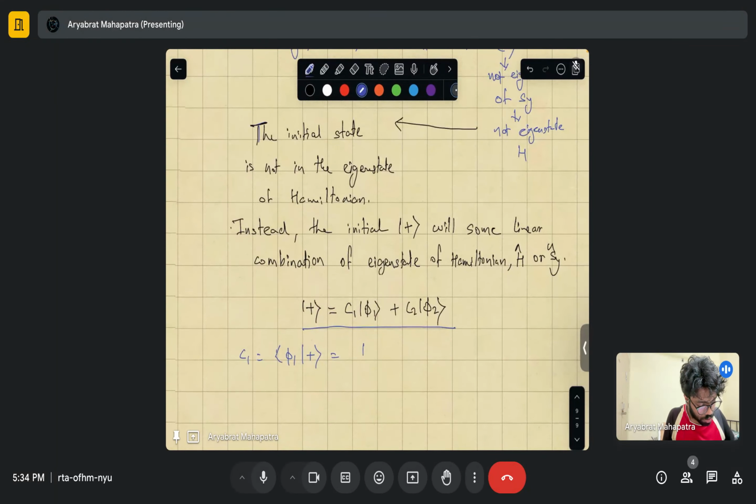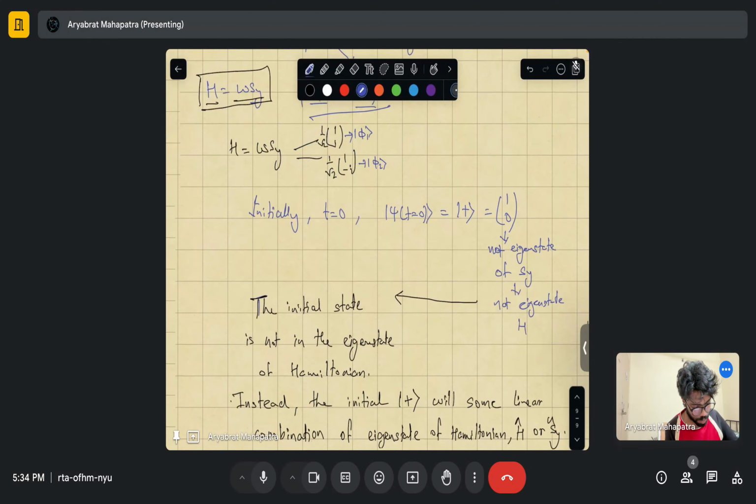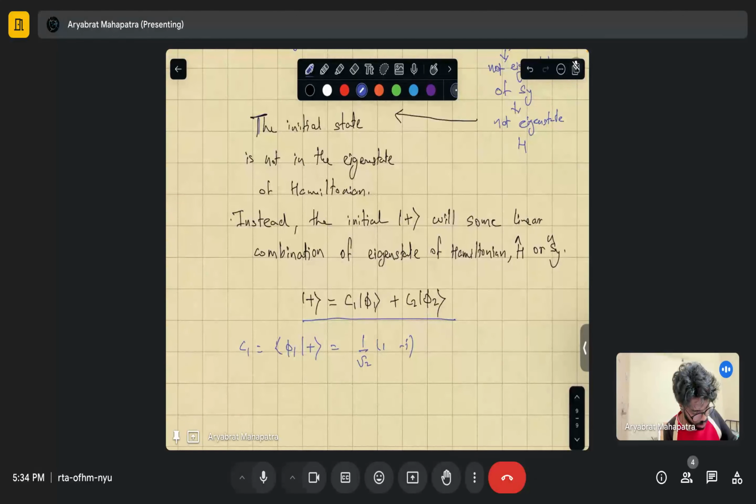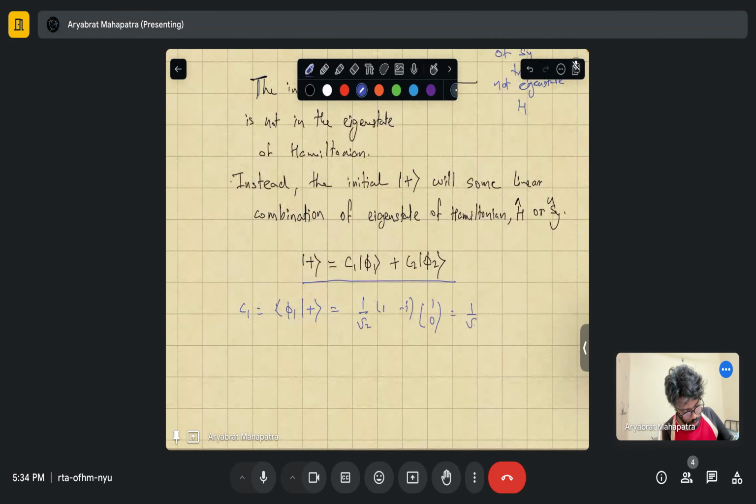We have to take the conjugate of phi 1, that is 1 by root 2 (1, minus i), and plus is given as (1, 0). So that means you will get 1 by root 2. Similarly, for C2, phi 2 on plus, that is 1 by root 2 (1, plus i) with (1, 0), so that will also be 1 by root 2.